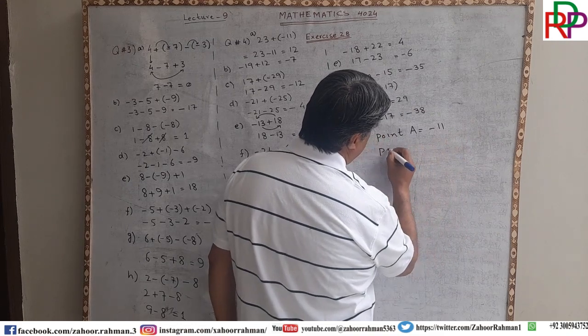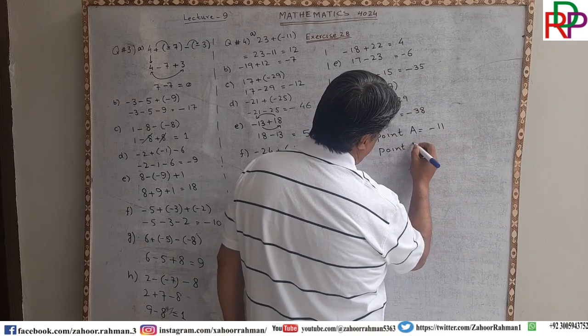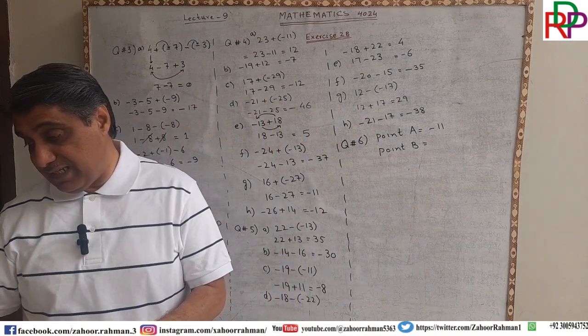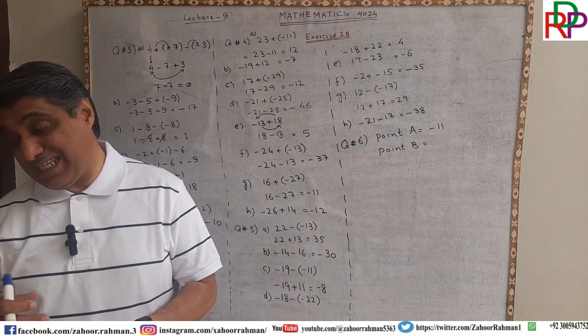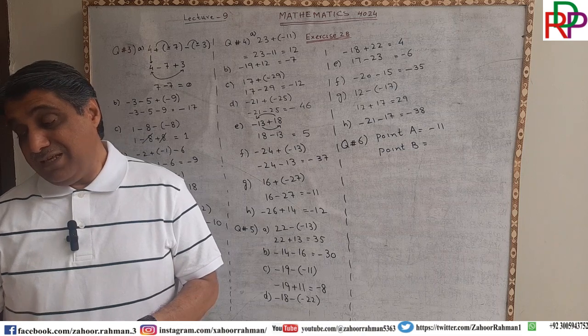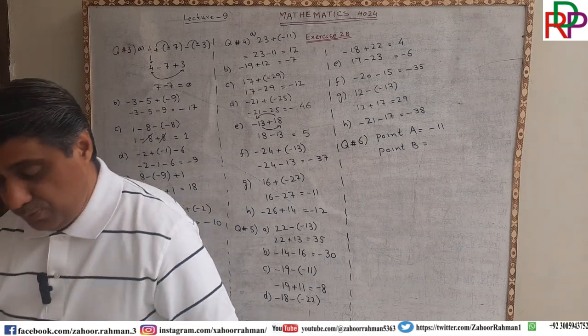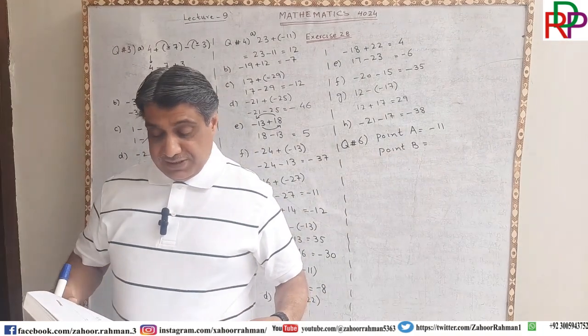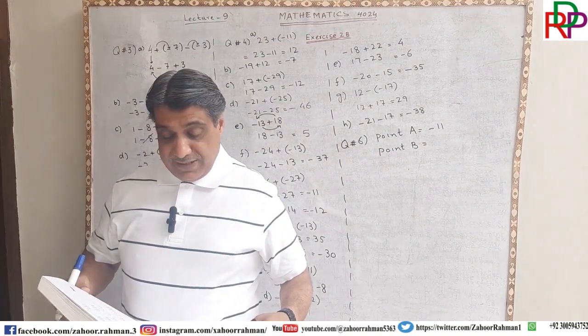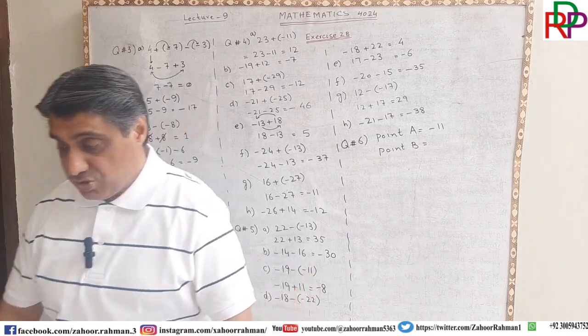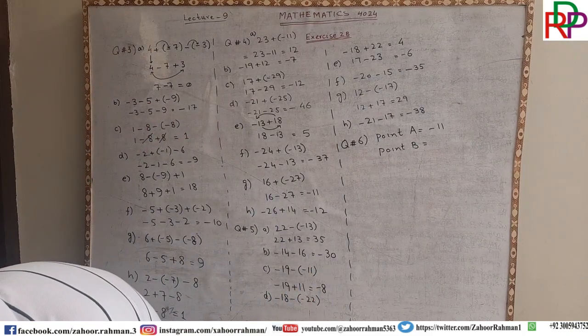And point B is saying what? It is showing plus 7, because we want to find the difference between the temperatures of these.